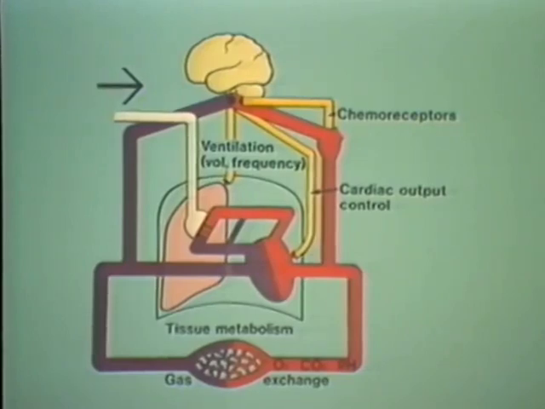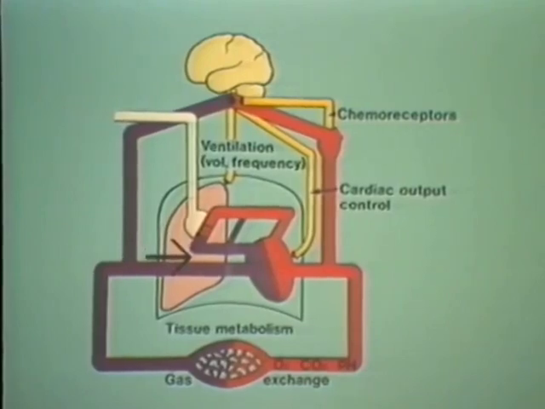What you have in front of you here is a schematic diagram of some of the more important components in this model of human respiration. In the center of the picture you will see the lung cage containing the heart and a lung.